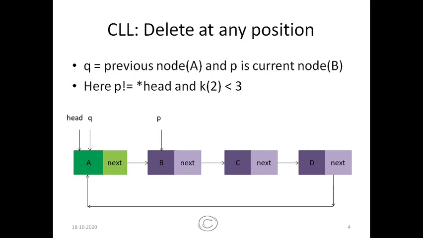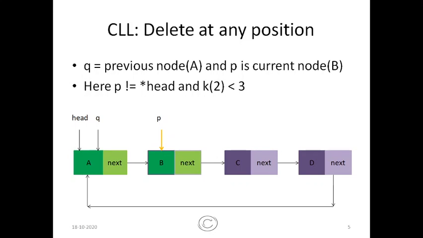Now we are at B, so the P pointer points to the current node that is B. After reaching B, we will check the condition once again. Okay, so we have not reached the position 3, that will be node C, and this node C will be deleted. So next we'll travel to C.